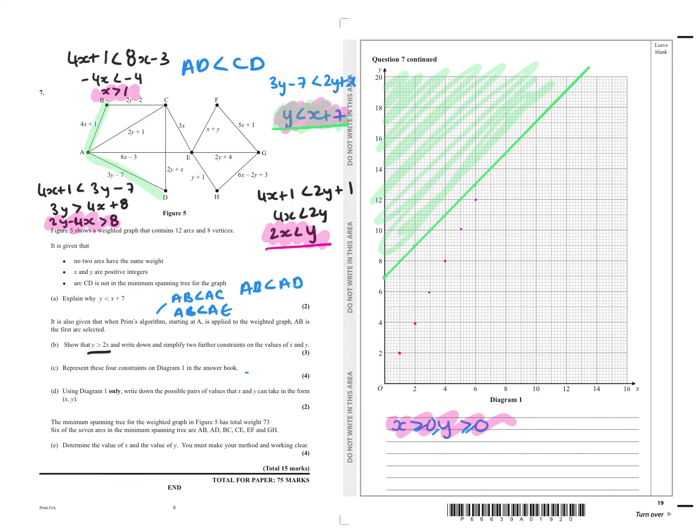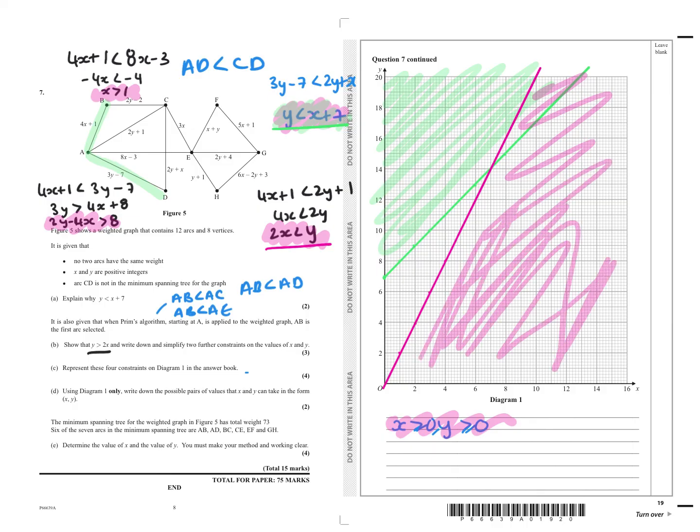Sorry, mine's not going to be as accurate. There we go. And it says that y is greater than, so we're going to shade less than, because that's the bit we don't want.